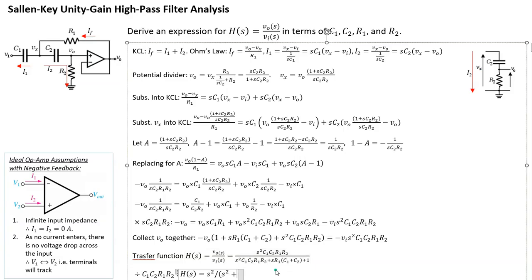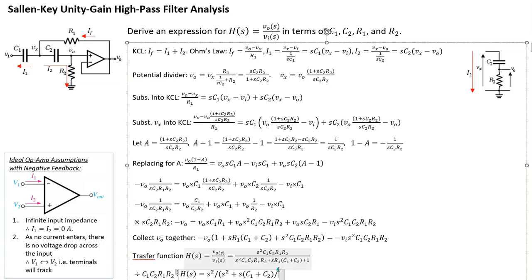So it's going to be s, and then you're going to have C1 and C2, and all of it is divided by what's left. R1 cancels out, so it's going to be C1, C2, and R2.